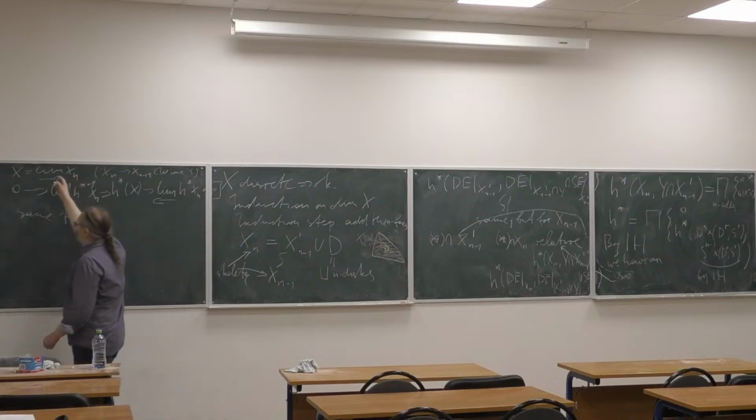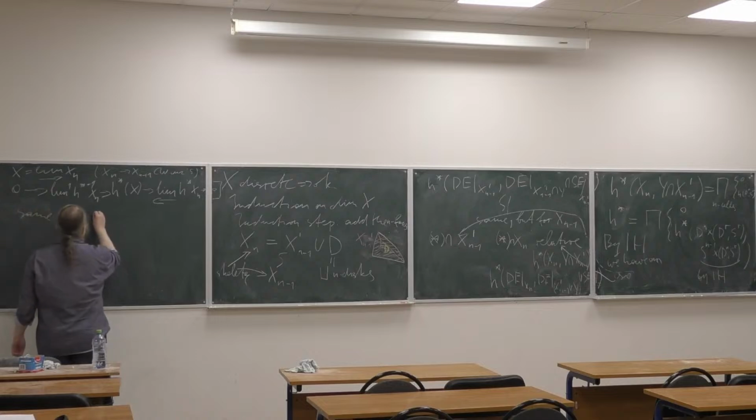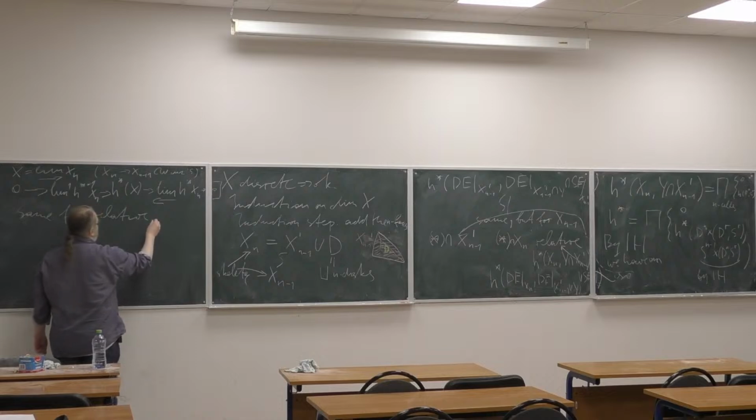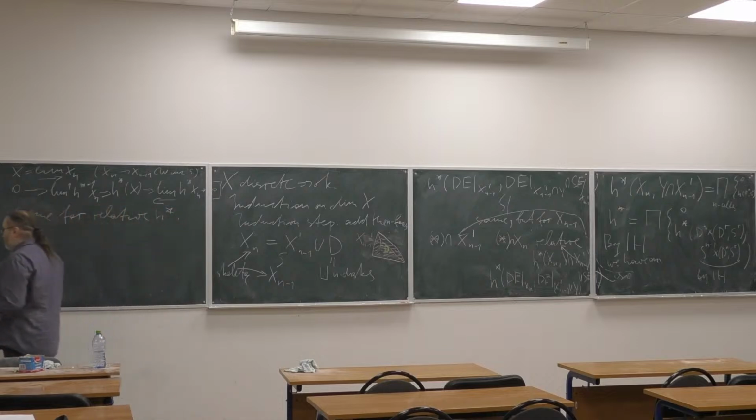So here we assume that we have a directed family of CW inclusions. What does this mean?